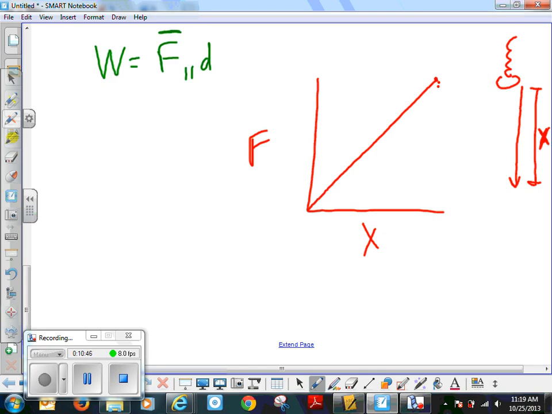So the force here is going to be equal to negative kx, because of Hooke's law, because of the lab that you did, and now you see the formula. Force equals negative kx, that's going to be the force that the spring puts on at that point. Now, if I release the spring, does this force change?